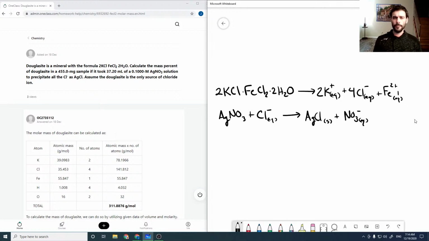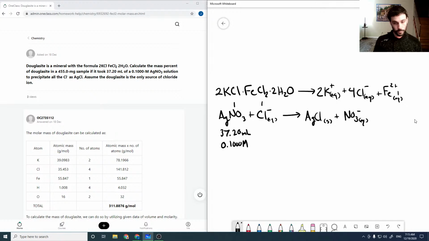Okay, so then we had 37.20 mils of a 0.1000 molar solution, and it said that this reacted completely with all the chlorine. So since we have a 1-to-1 ratio here, that the coefficients here are 1s, that means we have exactly the same amount of moles. And so once we find the moles for silver nitrate, we have the moles for chlorine.